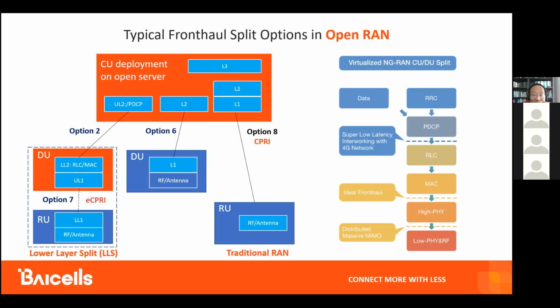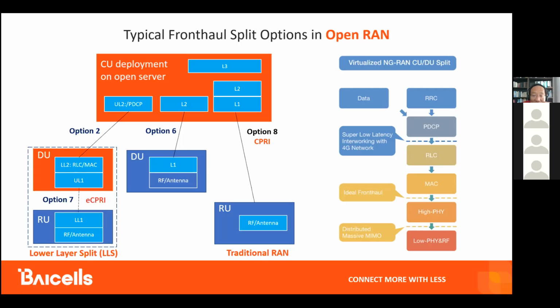A RAN protocol stack is roughly divided into three layers. One is the RF layer at the very bottom on the right. This is a function that works on the RF signals, mostly consisting of the power amplifier.